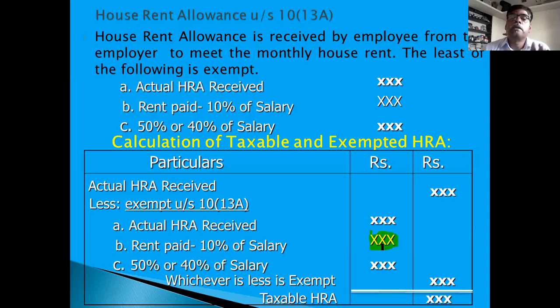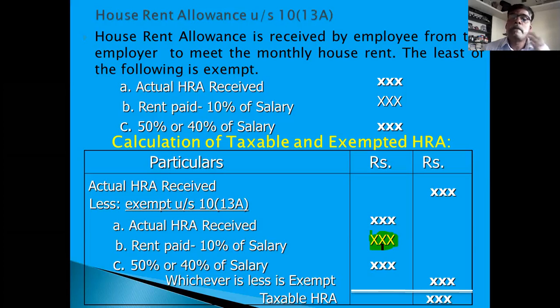And in some cases, the employee lives in his own house and is receiving HRA. You take my example. I am living in my own house and the government of Karnataka is paying me house rent allowance, which is equal to 10% of salary every month.